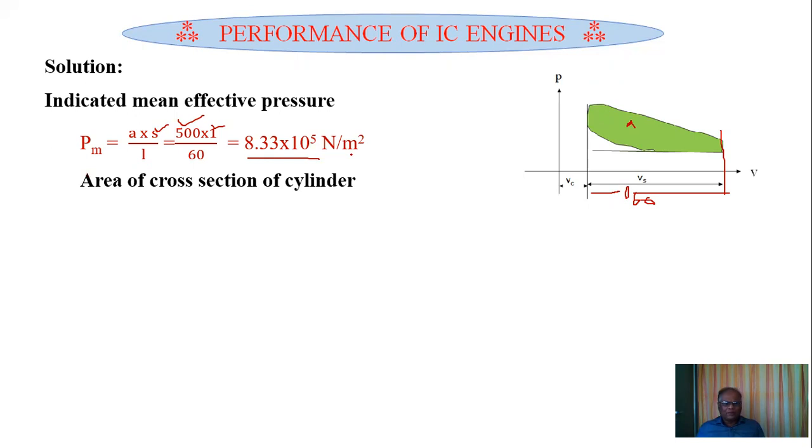Now we need the area of the cross section of the cylinder, because indicated power is equal to P_M L A N divided by 60,000. P_M is calculated over here.